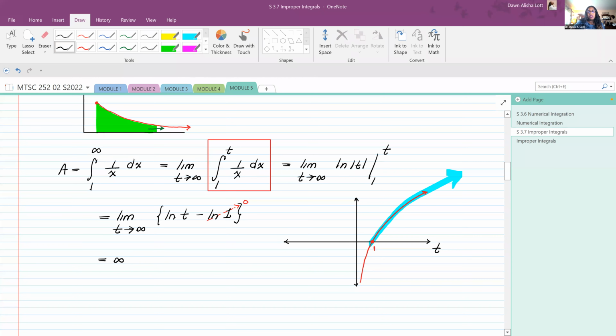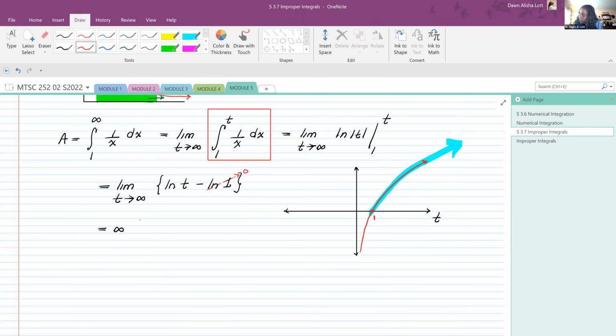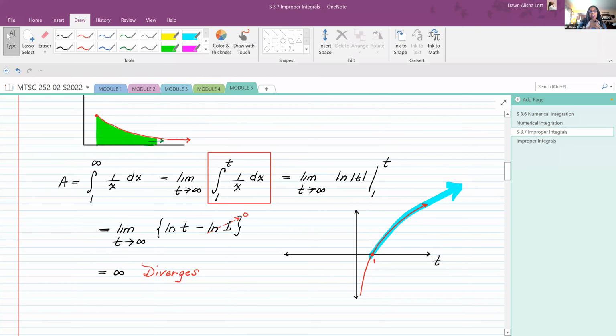Okay, so since this thing is going to infinity, we say this integral diverges. Okay, does everybody see that now? Yeah. Okay, thank you.